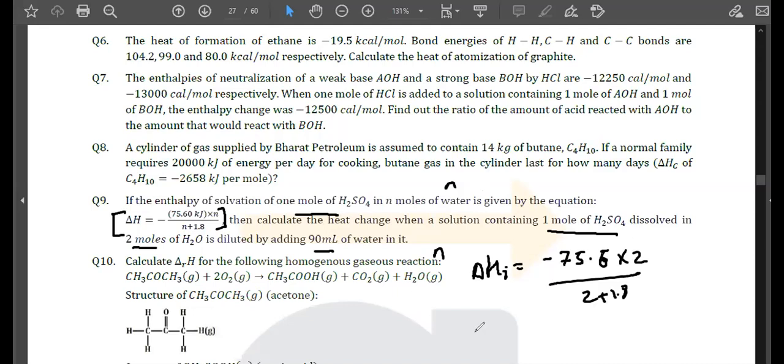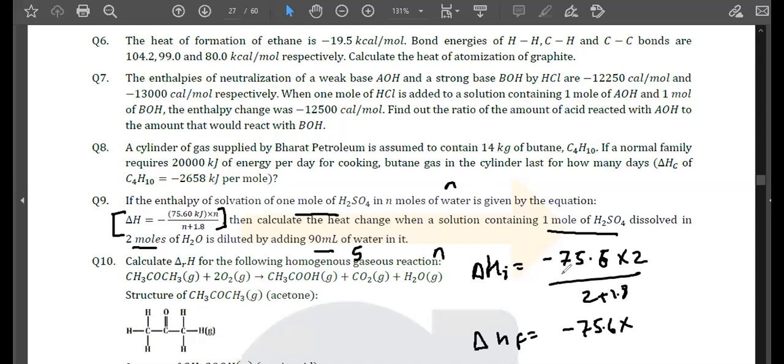And final delta H after dilution: 6 into, now 90 milliliter is how many moles? 90 milliliter is 5 moles, because 90 milliliter is equal to 90 gram, right?